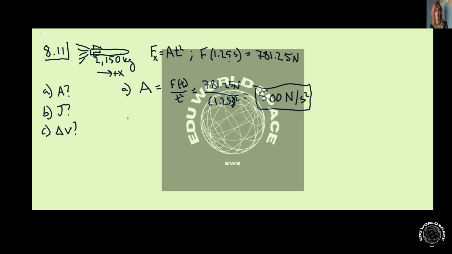Now, part B is a little bit more interesting. It asks us to find what is the impulse that this force produces. Does it exert on the rocket during the 1.5 second interval starting at 2 seconds after the t equals 0 when the engine starts firing?